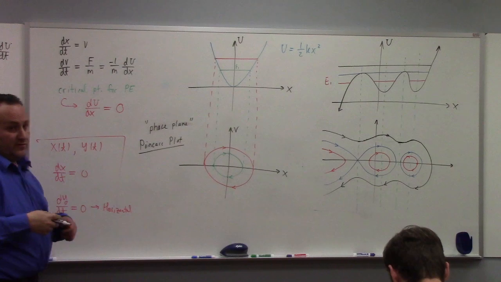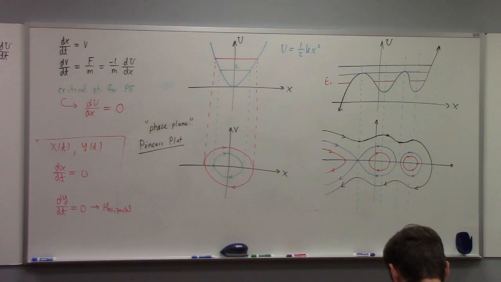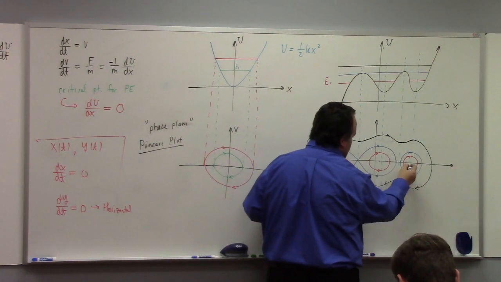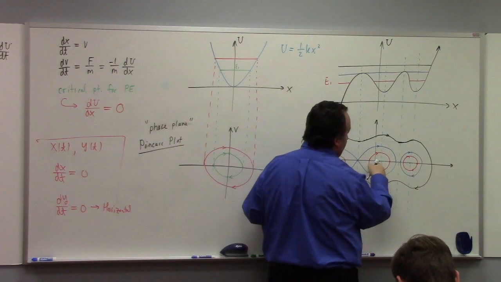And obviously, this is a useful technique if you want to analyze the motion, but you don't actually want to solve Newton's law, right? If I have the potential energy, I can see what the possible motions are by drawing these pictures and seeing what happens, right? So these points right here are called stable equilibria, right?